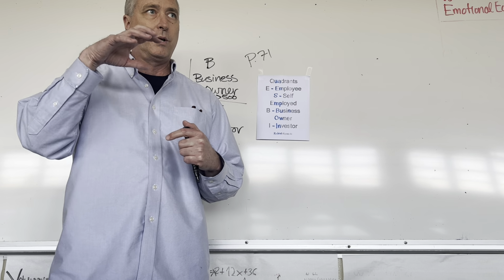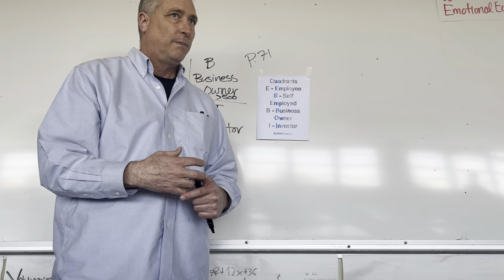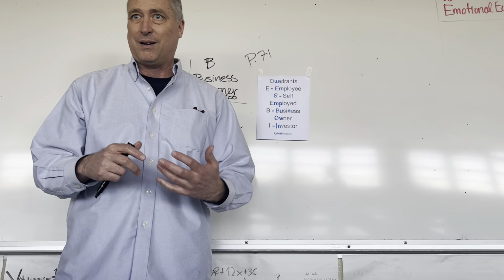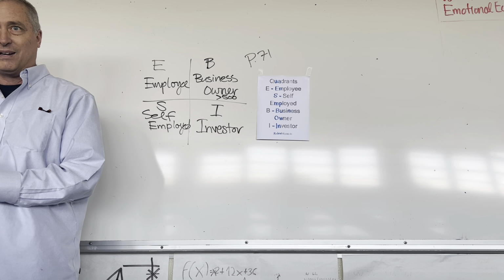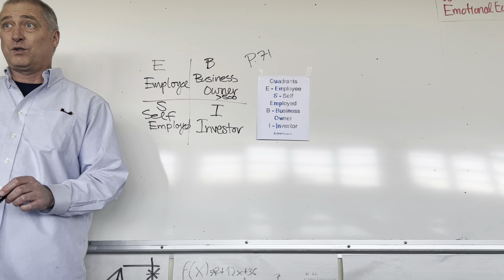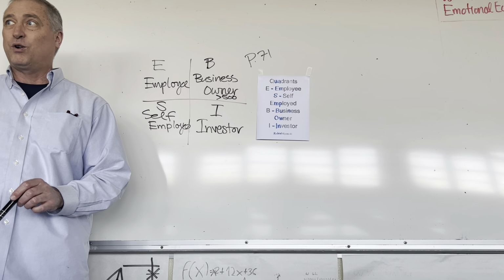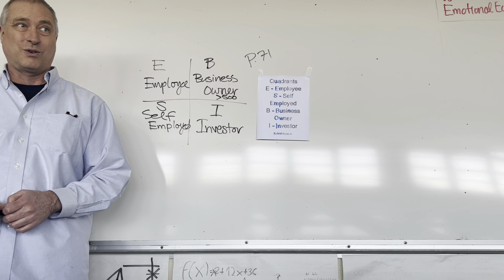The investor isn't spending time at the job and doesn't go to work at that company. The investor is using money to make money. Does this make sense to you? How many of you, this is the first time you're hearing about this? I love this because this could change your life.